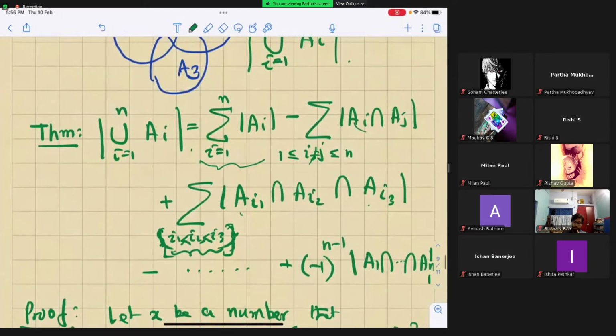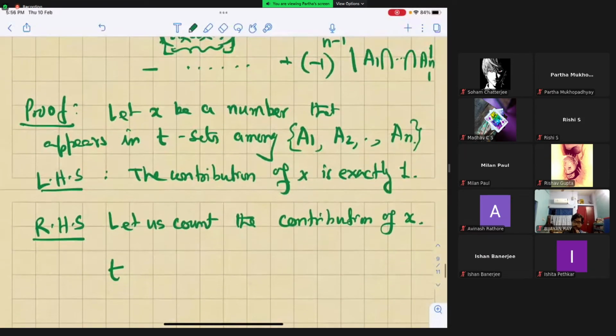And then similarly, look at the next expression. There are T sets that contain the element X. And if you intersect pairwise, in any of the T choose 2 ways, then you will get a contribution for the number X. So the second term is T choose 2.